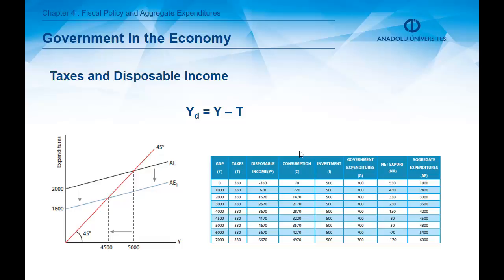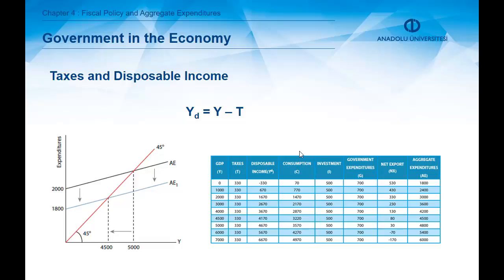Remember that our consumption decisions will be determined by the income. So when there is a change in disposable income, there is also a change in the consumption expenditures, and of course the aggregate expenditures. This change will also affect our production and income.